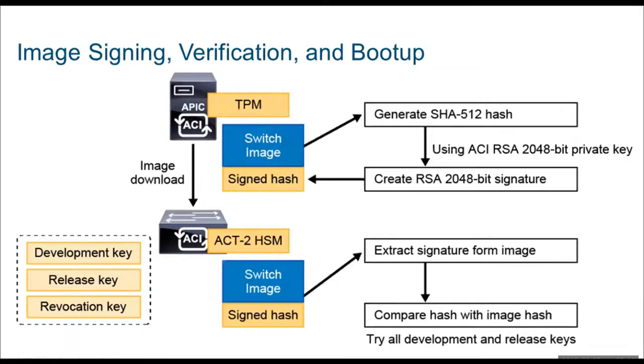Image distribution in the fabric is also protected, as you can see. Image download is completely protected. You see how they're going about it? Actually showing you that the image is signed. This is the APIC. By the way, all UCS servers have the TPM, not just UCS, and pretty much most vendors have TPM modules in there. So Cisco is storing the APIC certificates in there, shows that it has created a signature, and of course sends it.